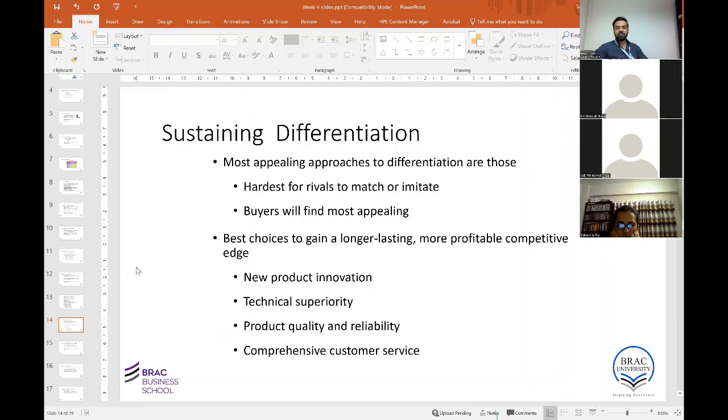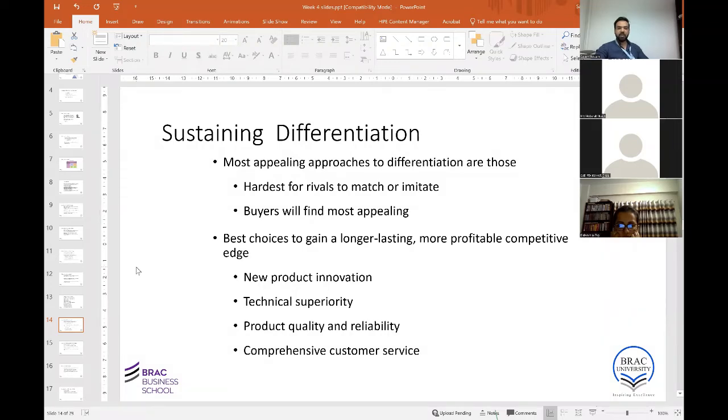Because if your rivals can easily imitate it, then you are still at risk of higher competition, because it's going to be easy for your competitors to come up with a Me Too strategy and offer something almost similar.